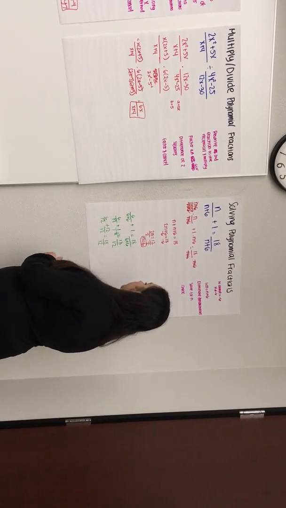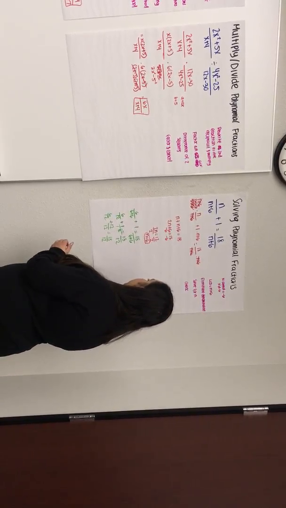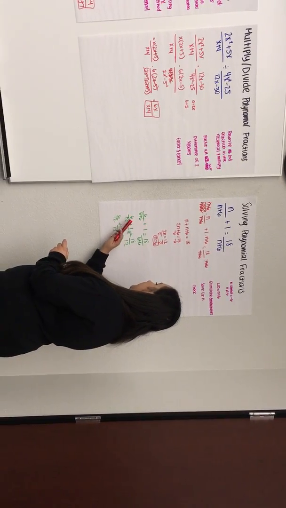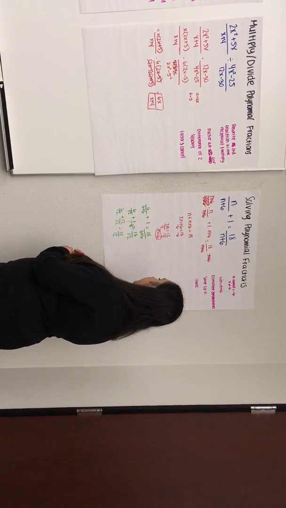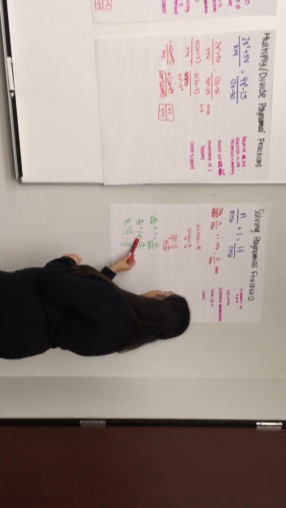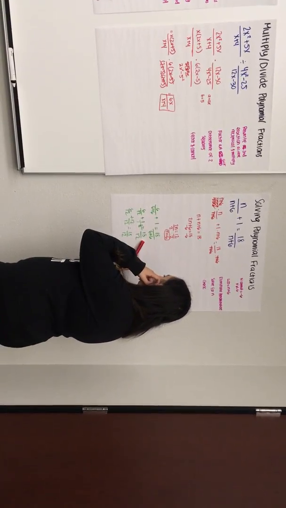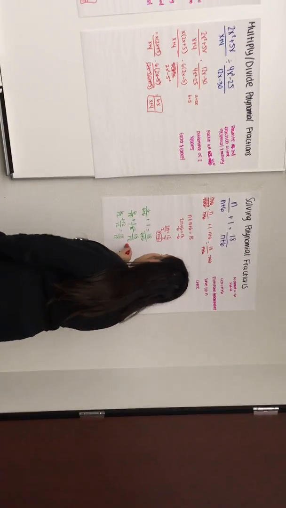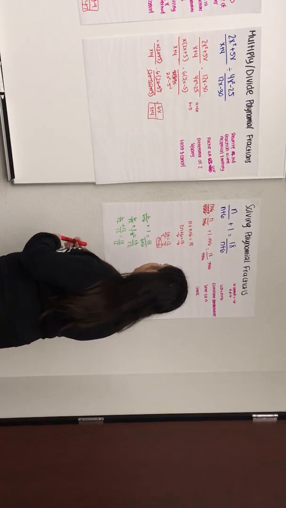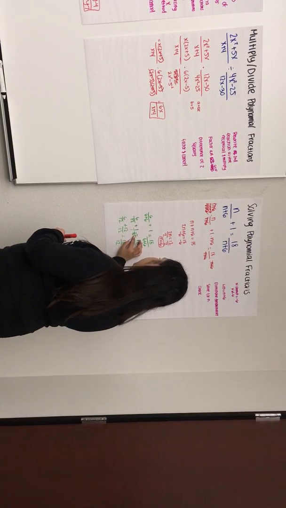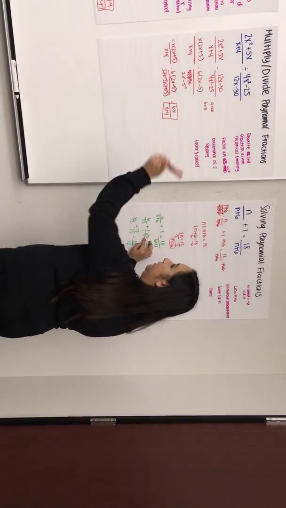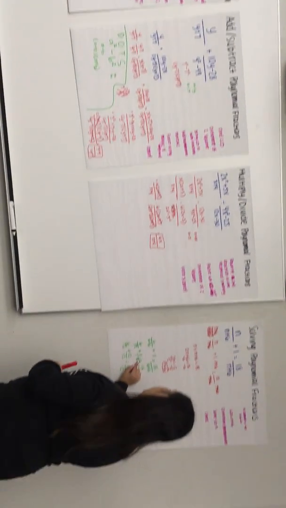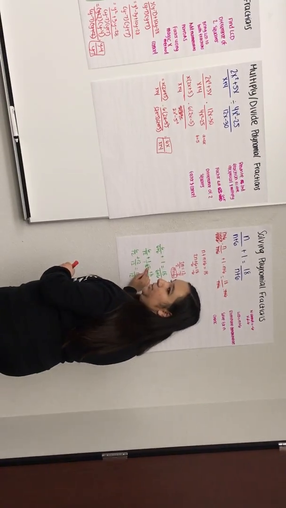So we have 6 over 6 plus 6 plus 1 equals 18 over 6 plus 6. So 6 plus 6 is 12, so we have 6 over 12 plus 1 equals 18 over 12. And to be able to add this, you need to have the least common denominator like we did with adding and subtracting, since you're adding. So you want to multiply the 1 by 12 over 12.